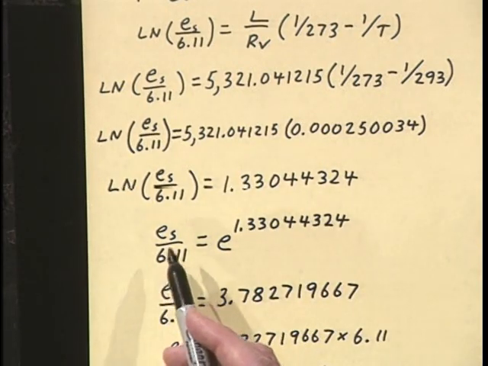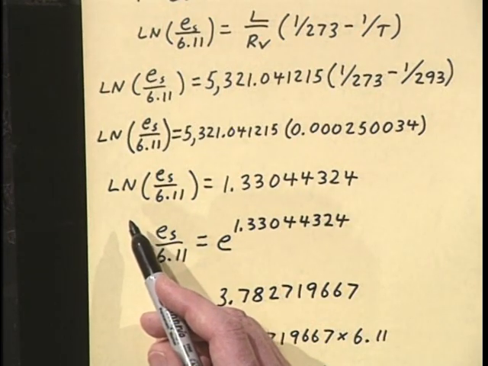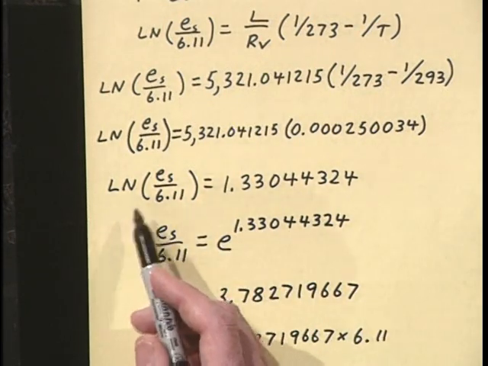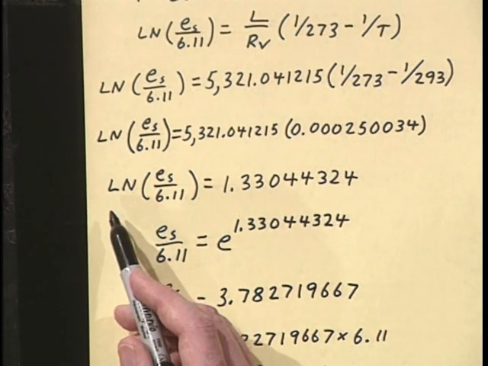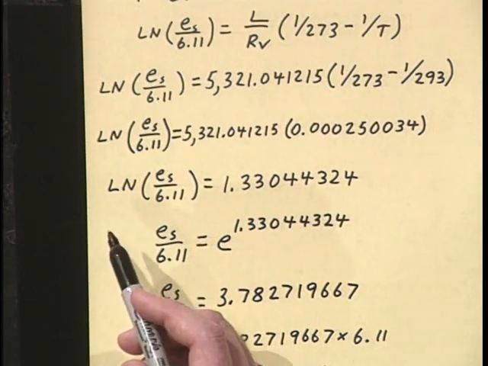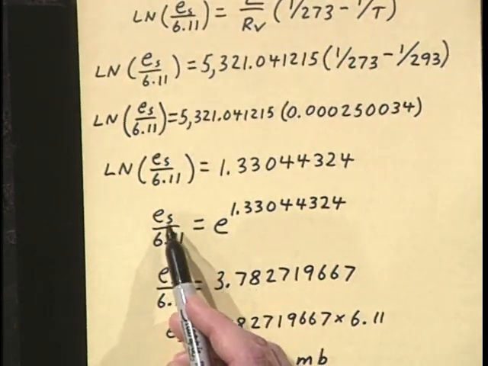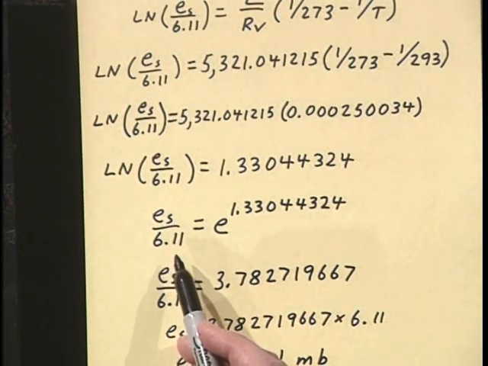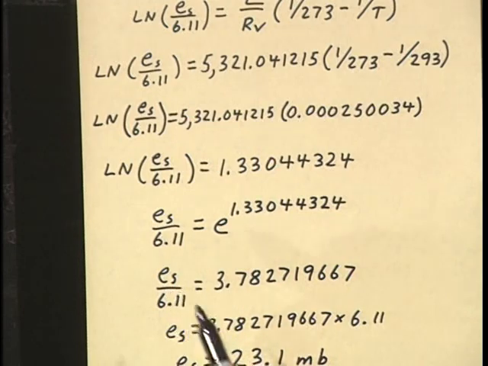On the left side of the equation, there's a mathematical rule that we went over in the first lecture: if you have an exponent of a natural log function, then they cancel each other out. So we're left with just the saturation vapor pressure divided by 6.11 on the left side of the equation.